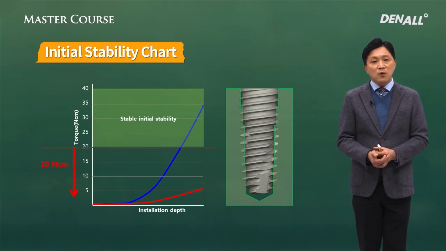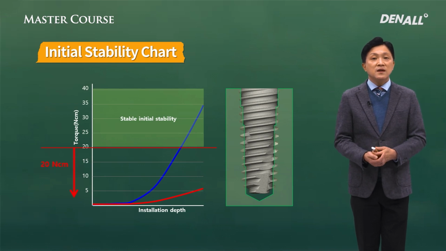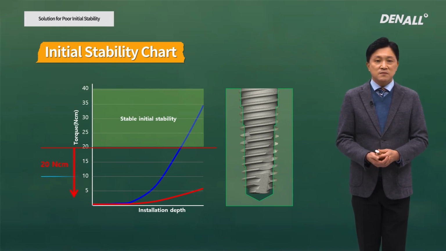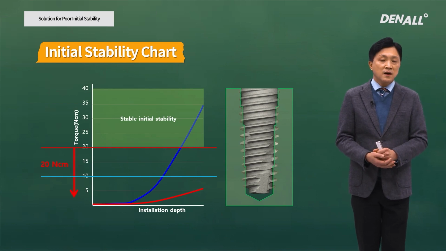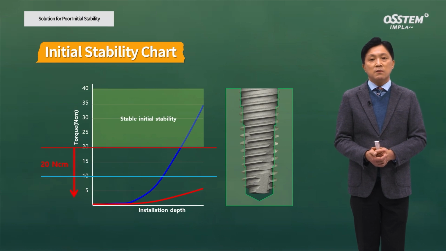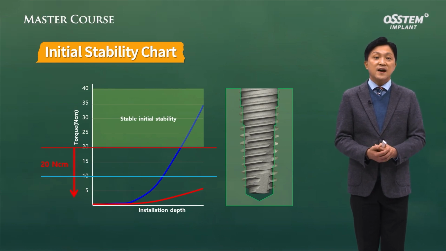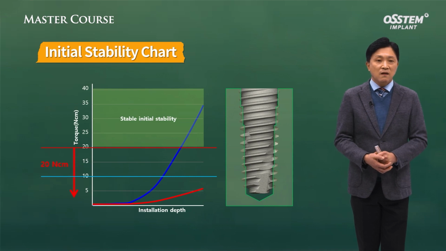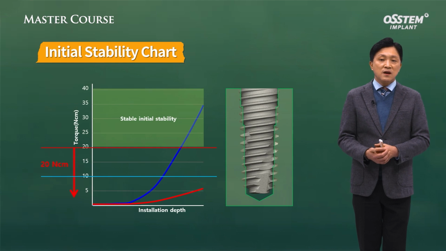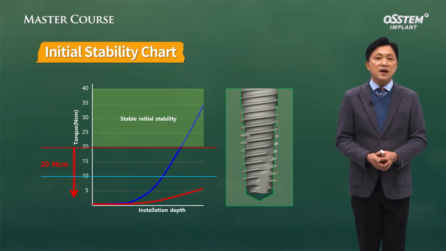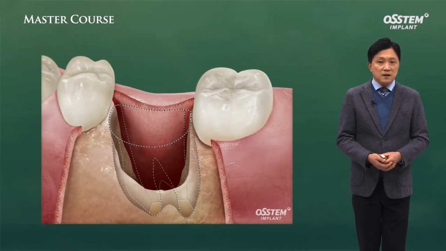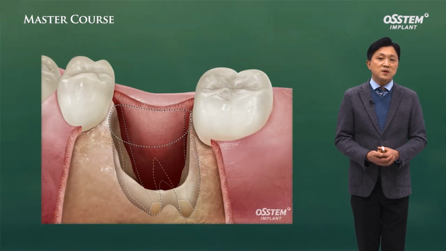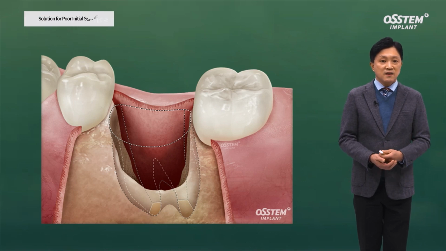But based on my experience, the critical point of initial stability in connection with the success rate, as long as the initial stability is 16 Newton centimeter or higher, there's no problem in the survival of an implant. That's my personal view. So 16 Newton centimeter of initial stability would be the goal. 20 Newton centimeter of initial stability would be more stable, of course.